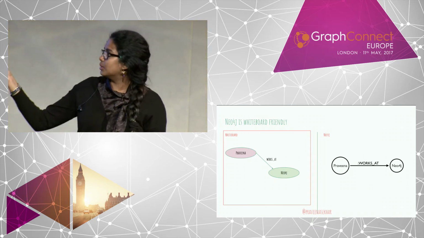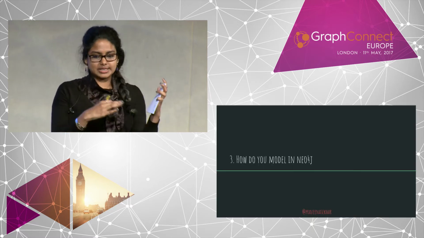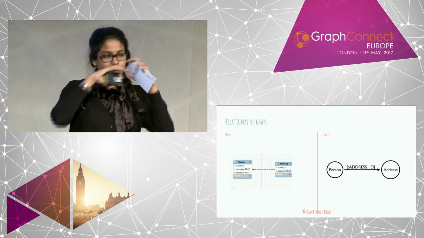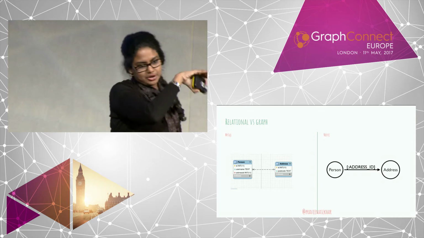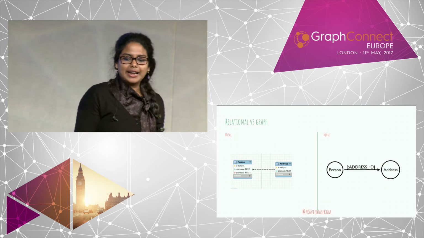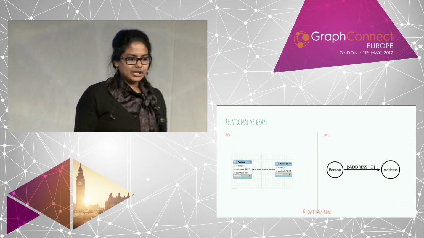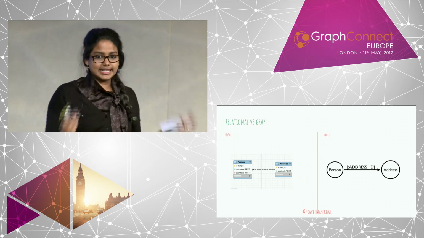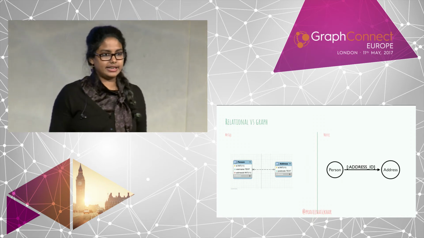So if I were to model Praveena works at Neo4j, I would draw this in the whiteboard as I have a node, I have a person Praveena, and this person works at Neo4j. And if I were to use it directly in Neo4j, I would just draw the exact same relationship in the database as well.